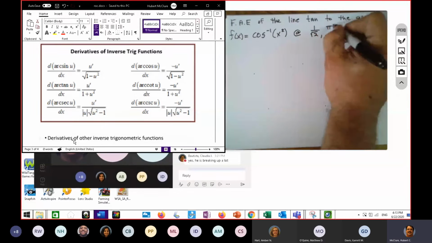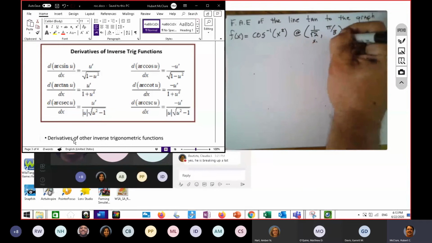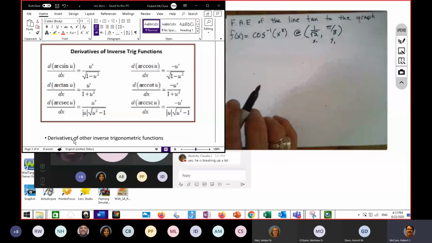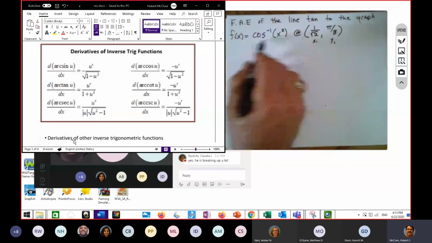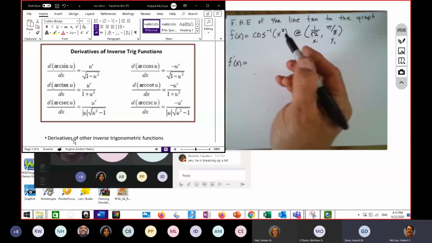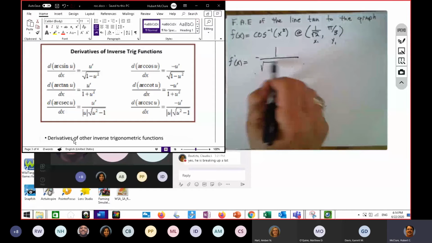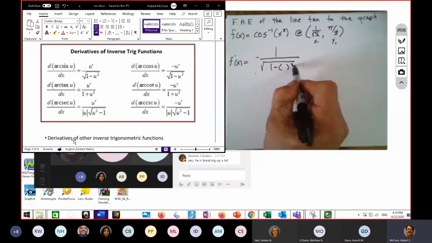This is your x sub 1. This is your y sub 1. So you know you're going to use the point slope equation. So find your slope. Find your derivative. F prime of x is equal to, well, that's going to be negative 1 over the square root of 1 minus parentheses squared. And I'm going to have to use those parentheses again because look at there, I got something besides an x.